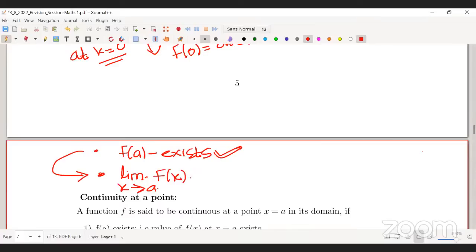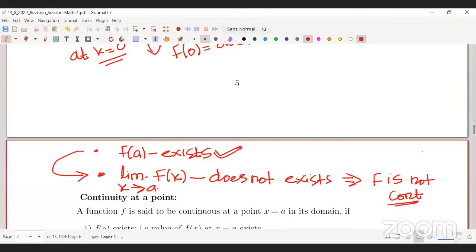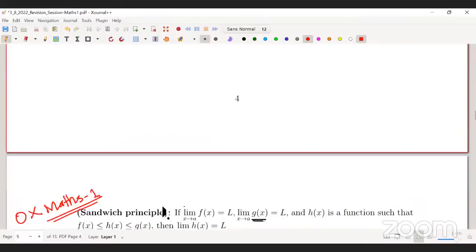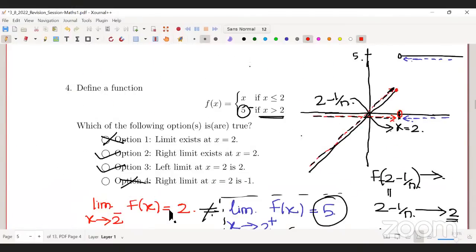If the limit of this function doesn't exist, then I don't have to go to the next step. From here itself I can say that f is not continuous.